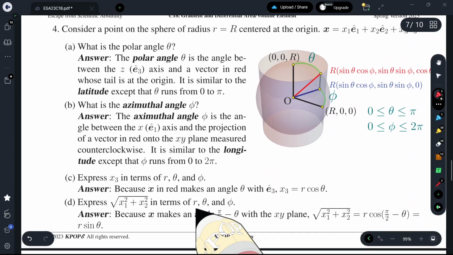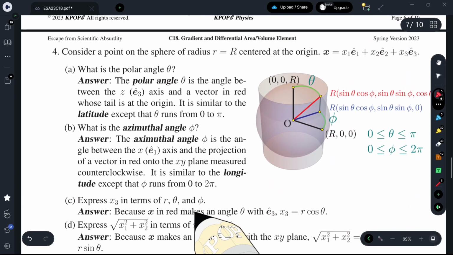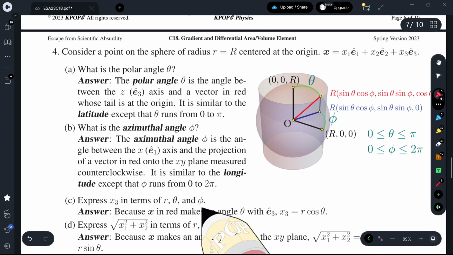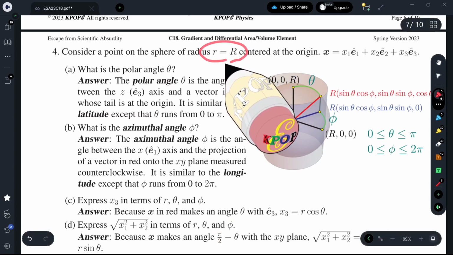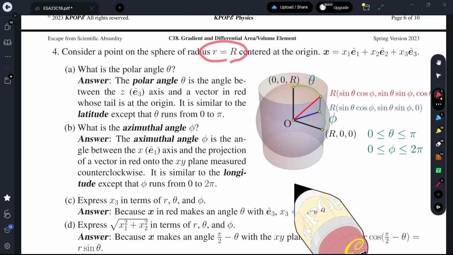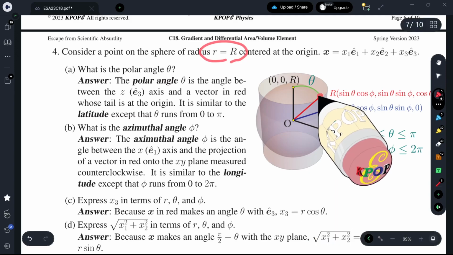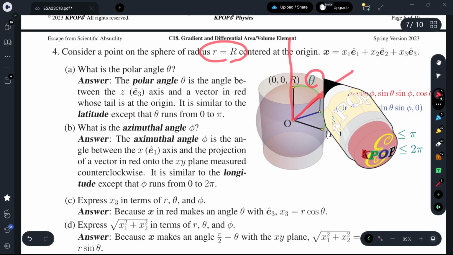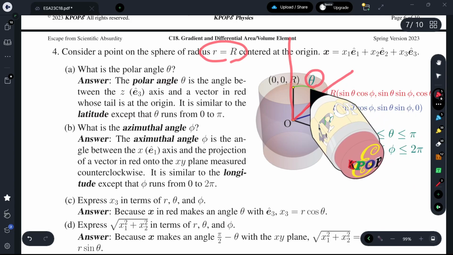Why don't we extend this idea to evaluate the volume of a sphere? A sphere of radius capital R is introduced here. A point on a sphere can be parameterized by introducing the polar angle theta.